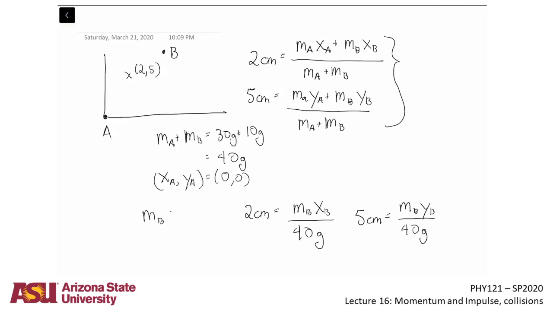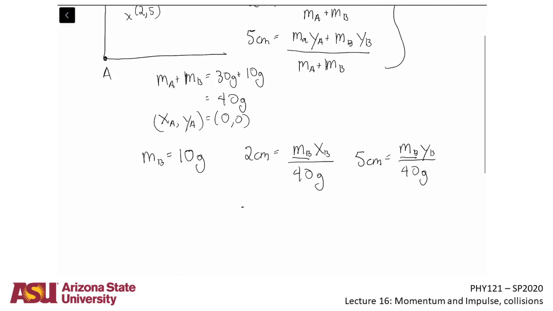MB is equal to 10 grams, which we can then put here and here, right? So essentially 2 centimeters equals 10 over 40, note this number is unitless, XB, and 5 centimeters is equal to 10 over 40, YB.